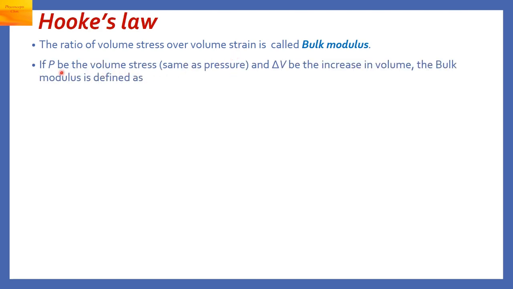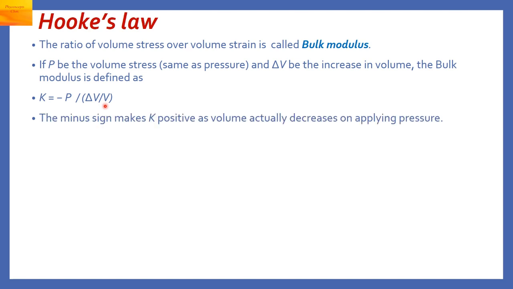So, if you consider P as the volume stress, which is the same as the pressure, and delta V will be the increase in the volume, we can write down the bulk modulus, that will be the volume stress, which we have substituted as P, divided by the volume strain, which will be the change in volume divided by the original volume. So, change in volume occurring is delta V divided by V. Minus sign makes K positive as the volume actually decreases on the applying of the pressure.